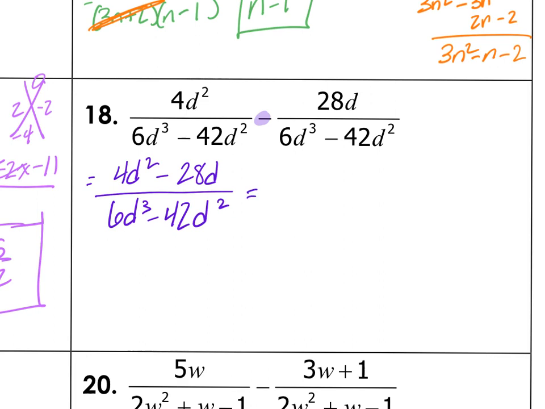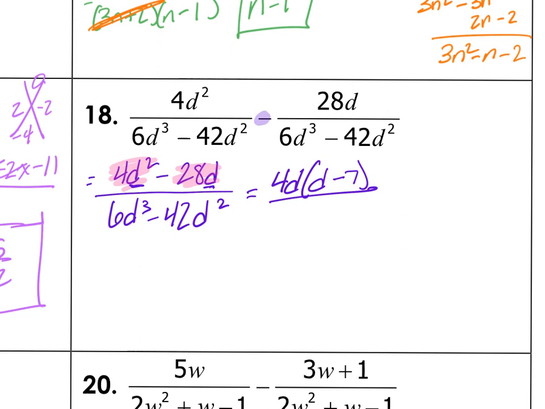So what can I factor out of 4d squared and 28d? Well, 4 goes into 4 and 28, so I'm pretty sure I can factor out a 4. And then I have a d in both of them, so I can factor out a d. So if I take 4d out of 4d squared, I get left with d. And if I take a 4d out of 28d, I get left with 7.